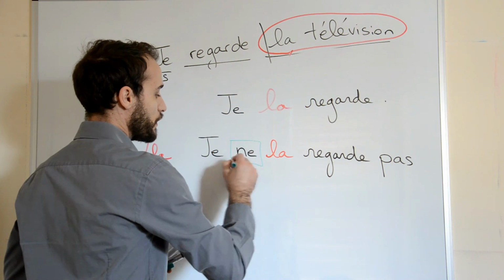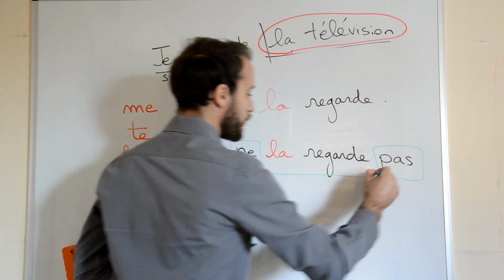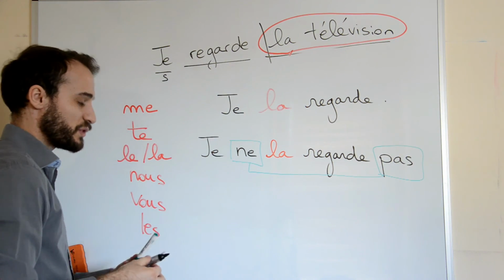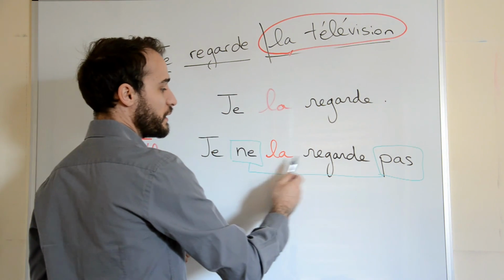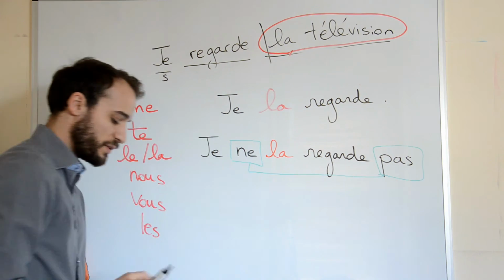Okay, so we have here a negation. Je ne la regarde pas. So first the negation, then your pronoun, then your verb, and then the negation after.